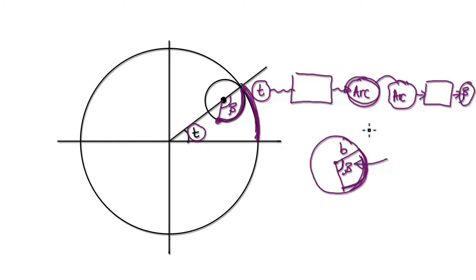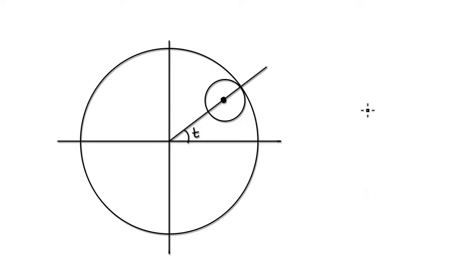Okay, so let's start again. So let's work out the arc length. It's like me giving you this. This is radius a, and the angle is t. Therefore, we can work out this arc length. To work out the arc length, let's work out the whole circumference.